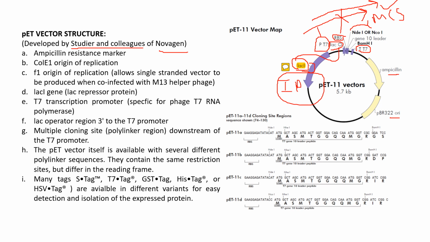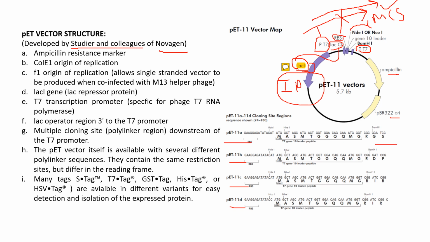With the mechanism, you must have understood the different components found in a PET vector. Other than this, different variants are available in the market for each series. For example, PET 11 A, B, C and D are available, and these differences are in the reading frame only.